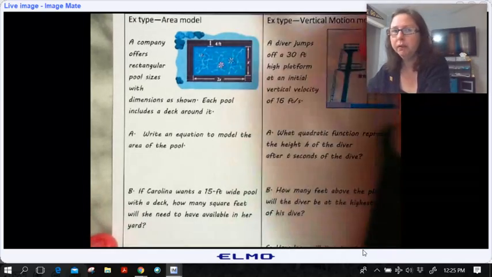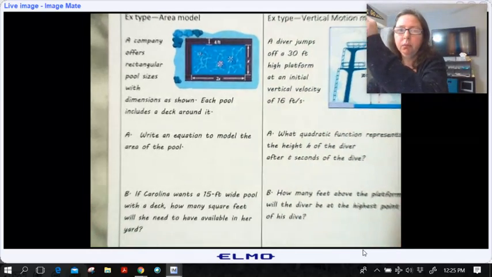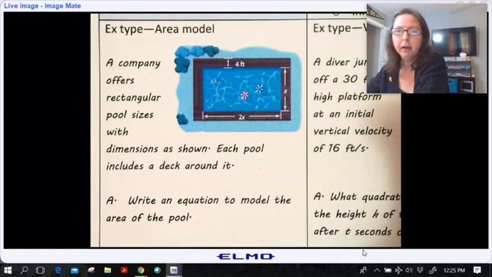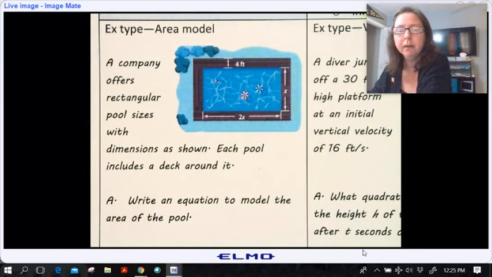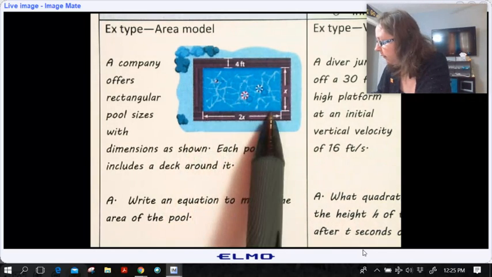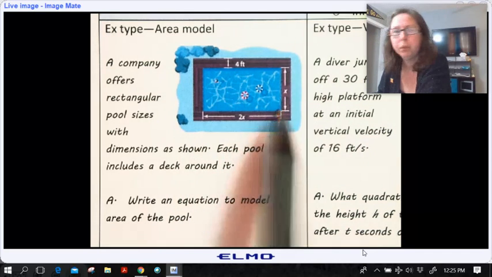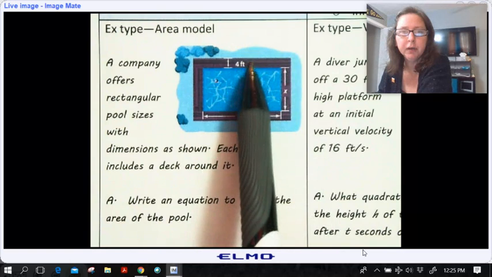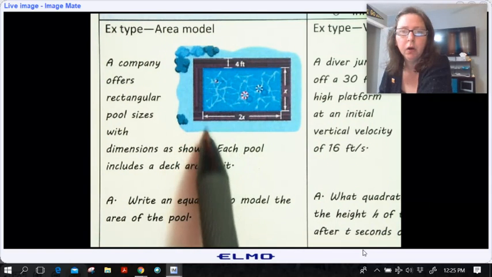They show us right here, and let me zoom in some more. Okay, they show me that the length and width of the pool itself is 2x by x. And then on the outside, there is this 4-foot wide deck that goes all the way around.